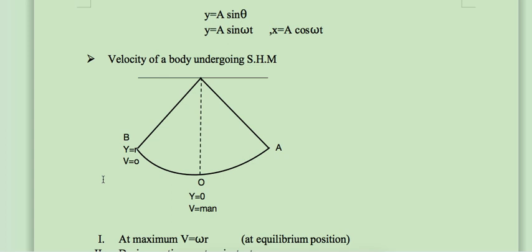If you displace it, you discover that the body will move from that equilibrium position 0 to B, then after reaching B, it will pass through 0, the equilibrium position, then move back to A.